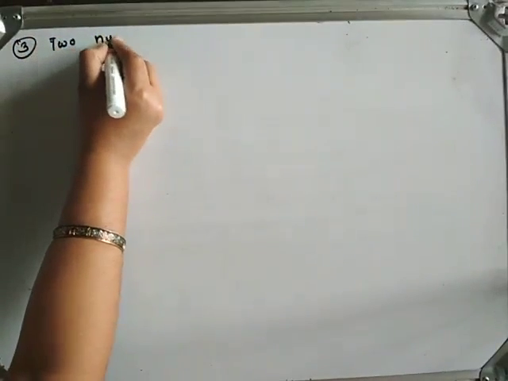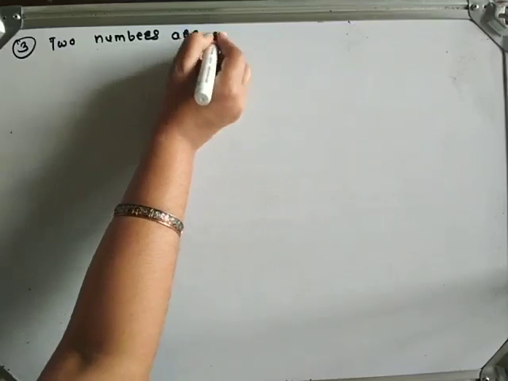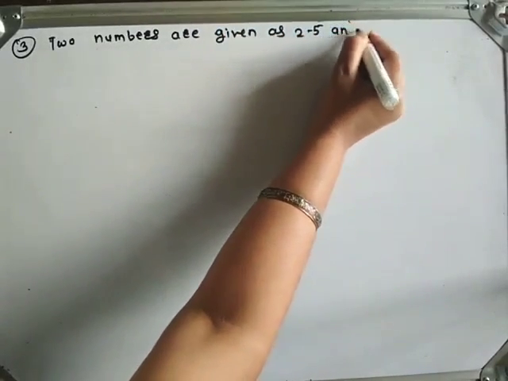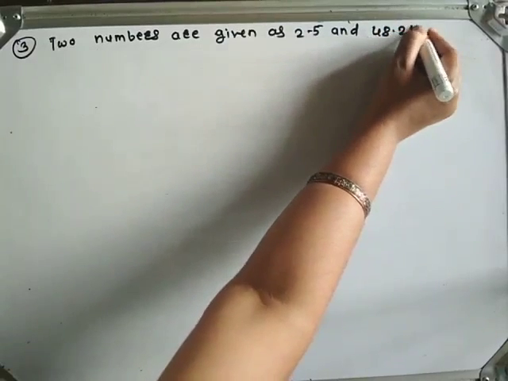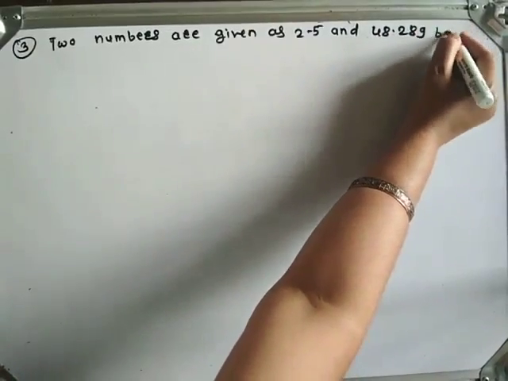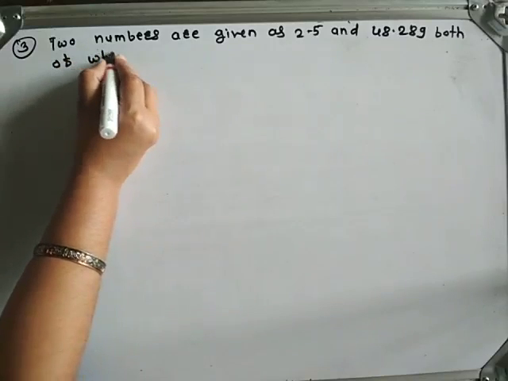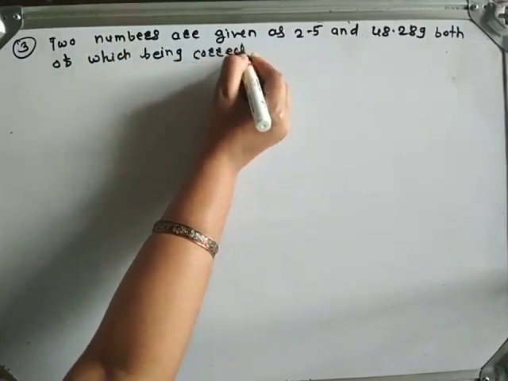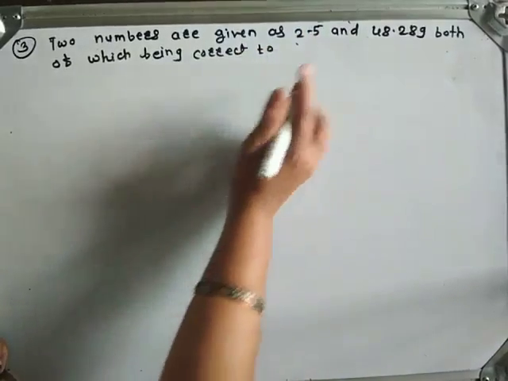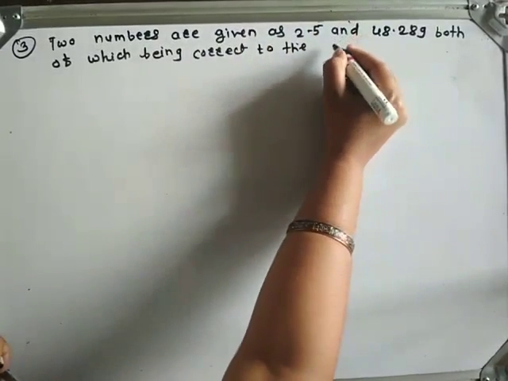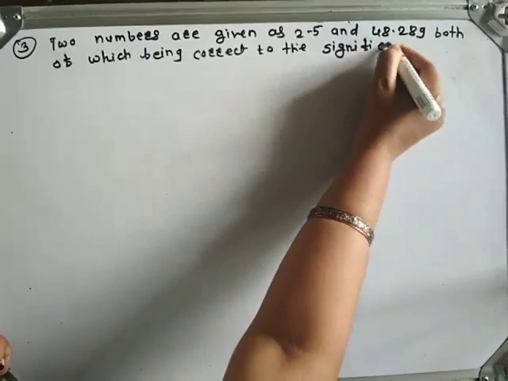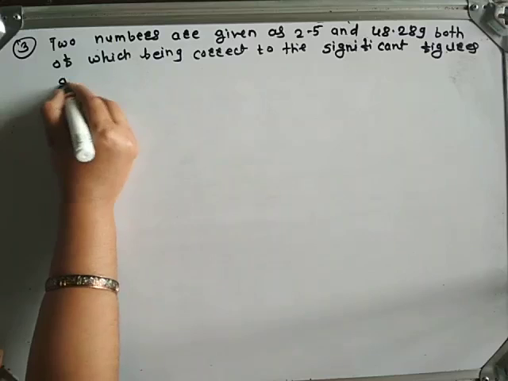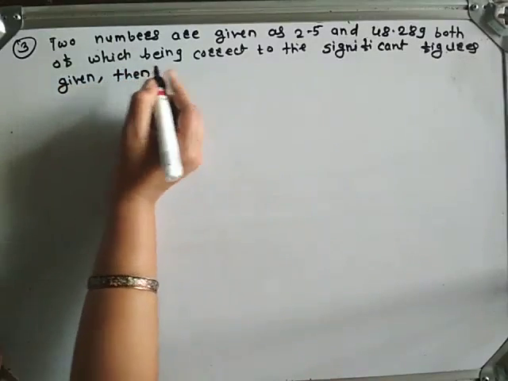Two numbers are given as 2.5 and 48.289, both of which being correct to the significant figure given, then find their product.